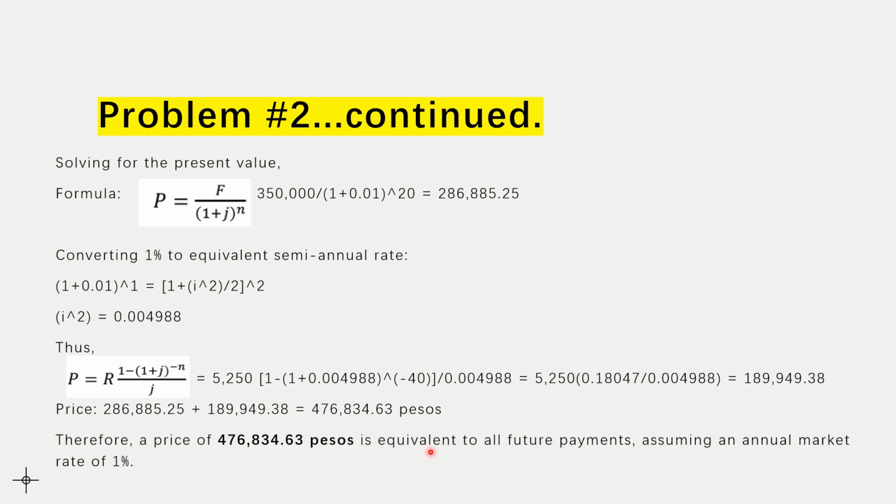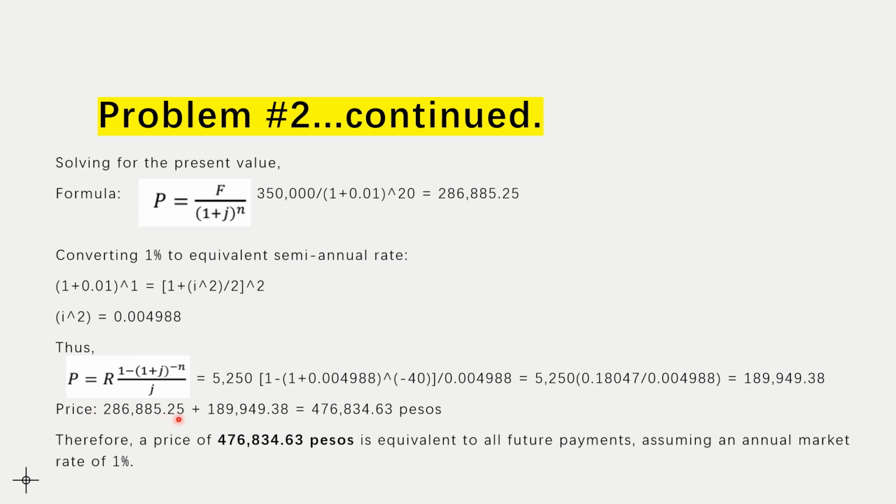Now, we simply have to add this value and the present value we had before for the 350,000 pesos, which is 286,885 pesos and 25 centavos. So we add 286,885 pesos and 25 centavos plus 189,949.38 pesos.